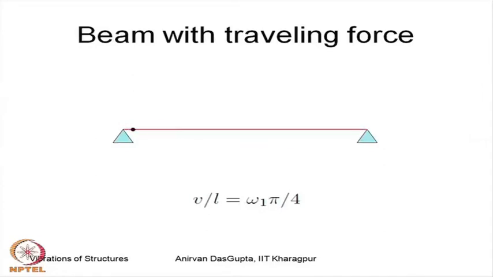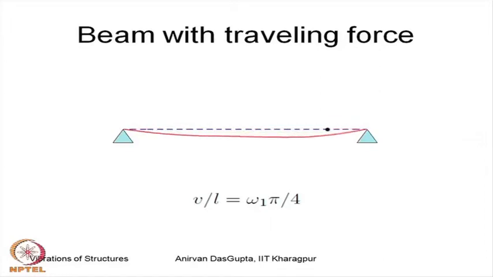One more thing to notice in this solution, which is different from the previous solution, is that the deflection of the beam is much smaller in this case, since the force is traveling at a much higher speed. The beam gets less time for deflection, but this is what we observe when the force is within the span of the beam.